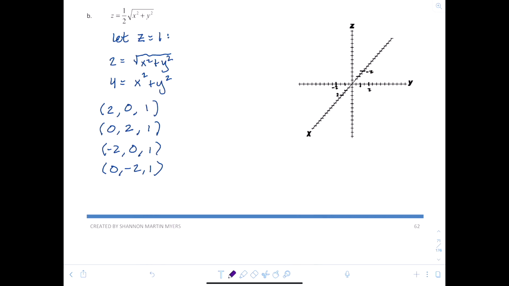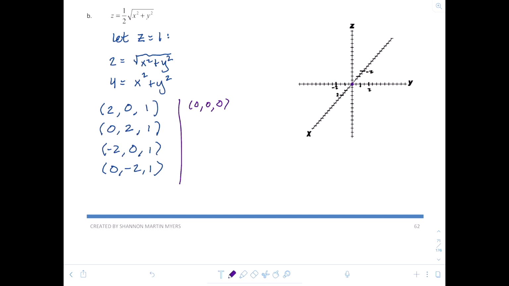Okay, so our base, right, you'd also have an ordered pair. Wouldn't you also have an ordered pair at 0, 0, 0, right, to get us started?